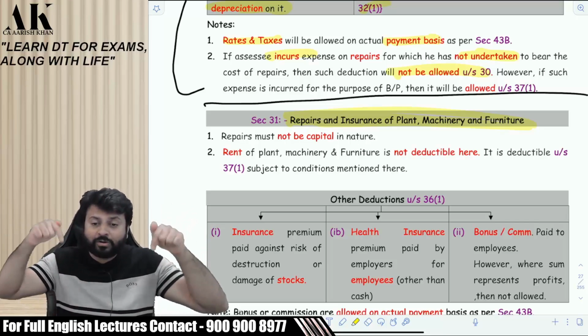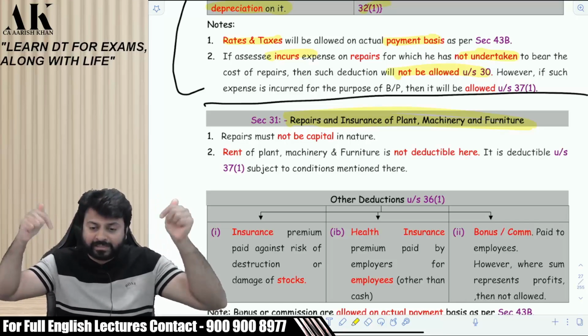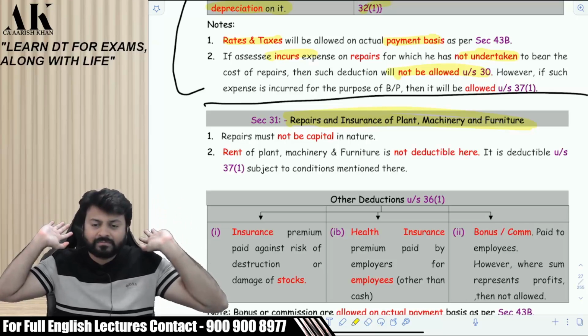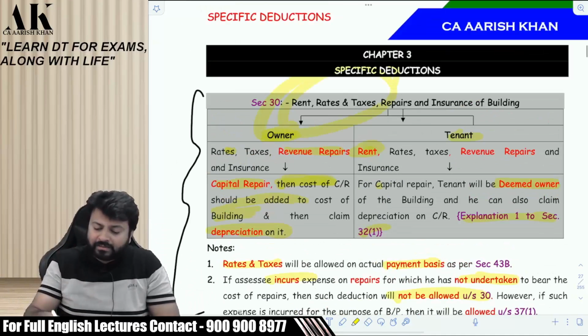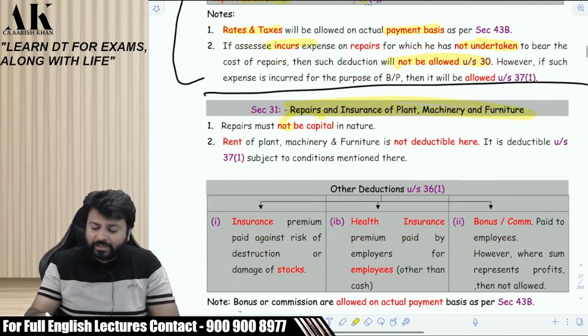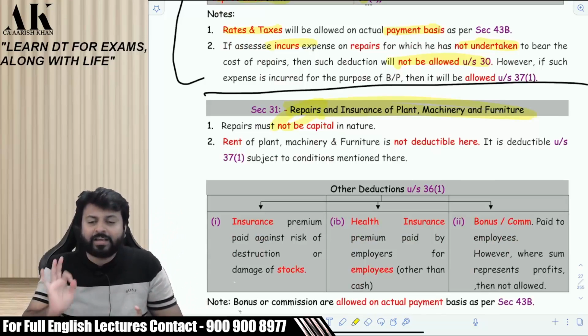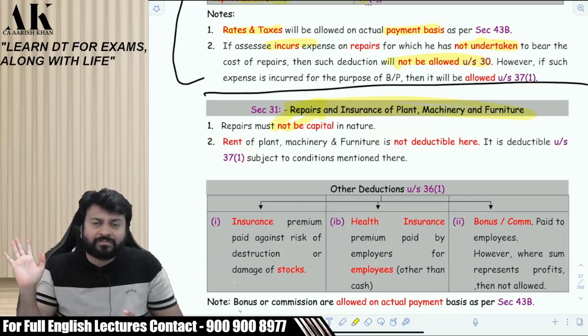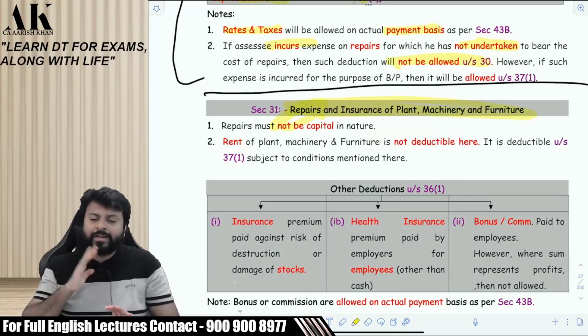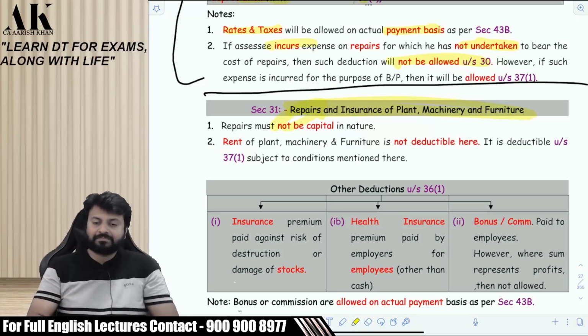Please don't mention over here rent of plant, machinery, furniture. Is it mentioned? You will be carried away from here. You will say that it is mentioned here. So here also you will mention at your own end. Please be very precise. Here the rent of plant and machinery is not considered. Furniture not considered. Point number 2, read it. Clear?